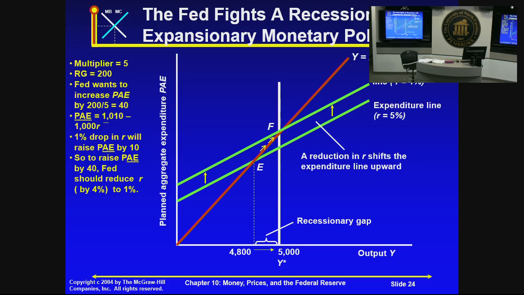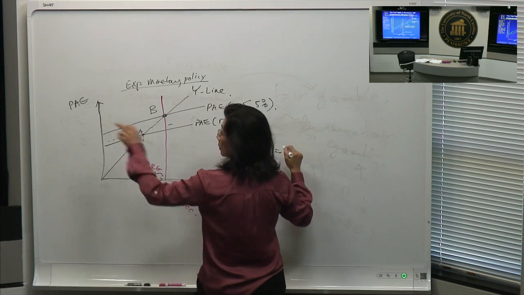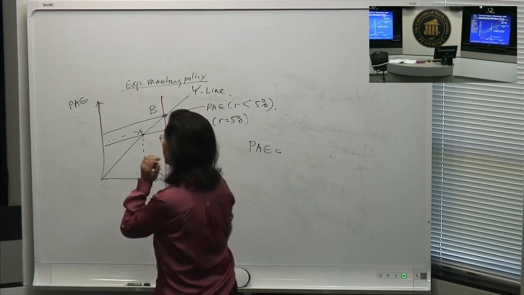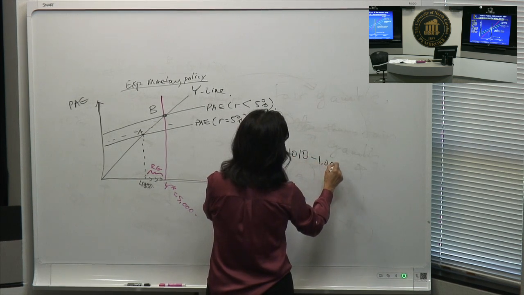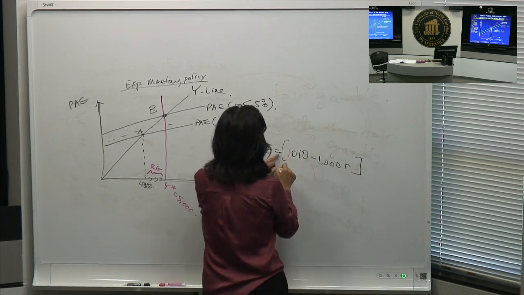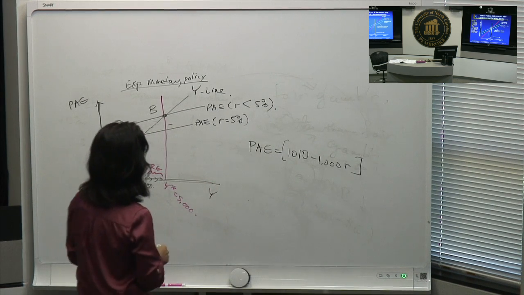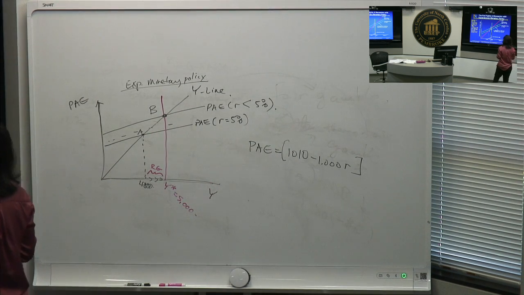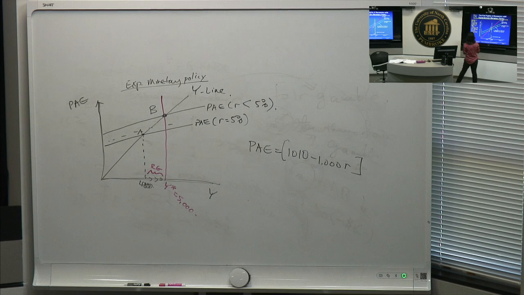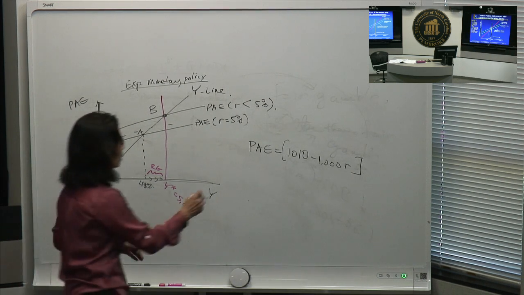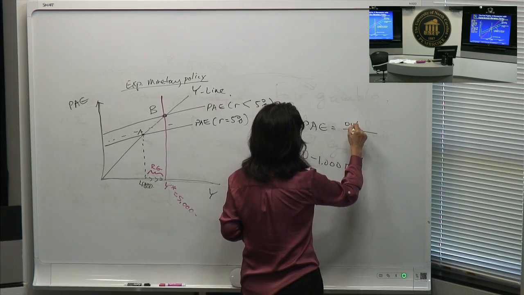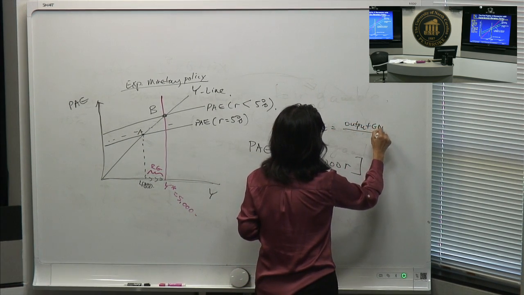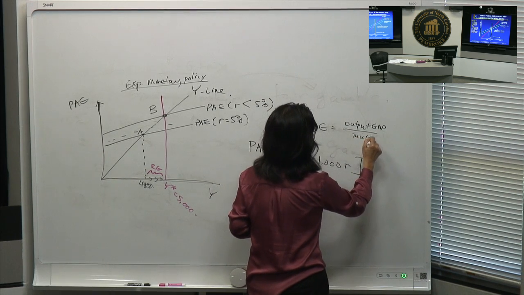We got PAE equals to, follow along with me, all the yellow fonts here. 1010 minus, is that 1,000? Yeah. So we got that earlier. Forget about Y, okay? So what this is saying is that we know that the Fed will want to increase the PAE by changing PAE. Like previous chapter, we know that that is you take the output gap divided by the multiplier.